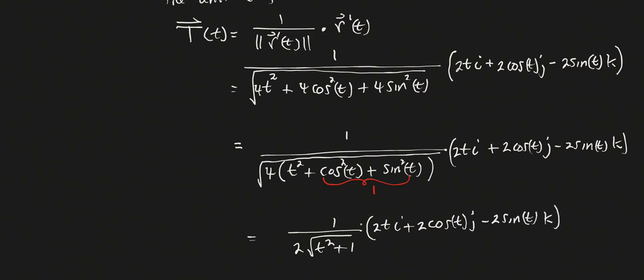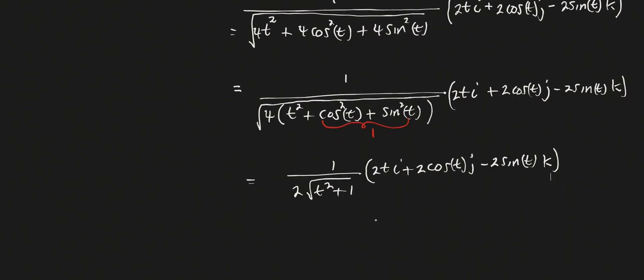And then if I distribute this, now remember, this is just your regular multiplication, so we just need to distribute this expression to each of the components. But what happens is we have a 2 in the denominator, and each of these have a factor of 2, so the 2's will actually reduce quite nicely.